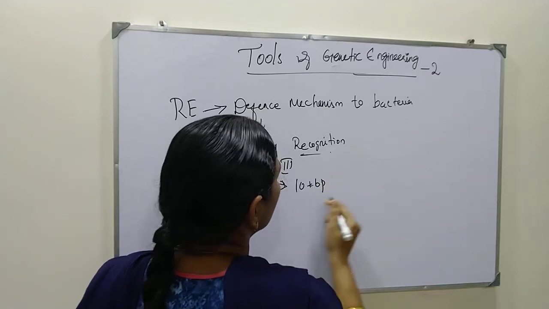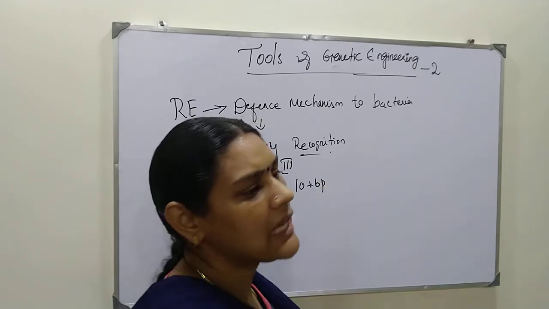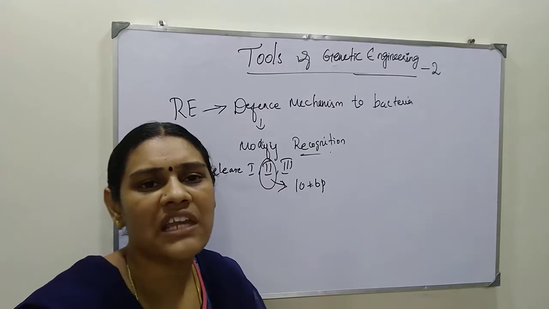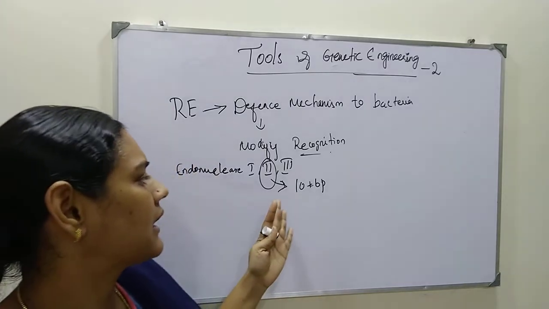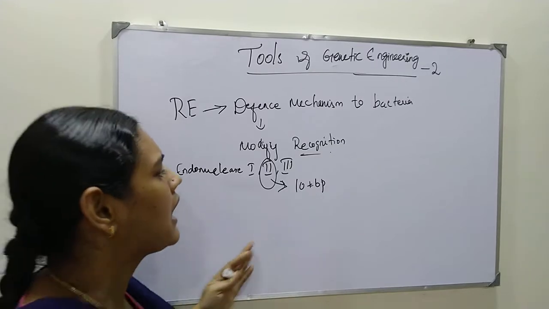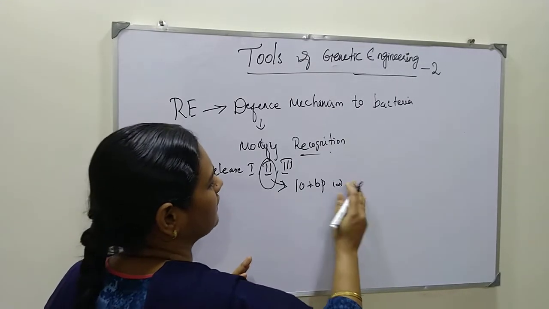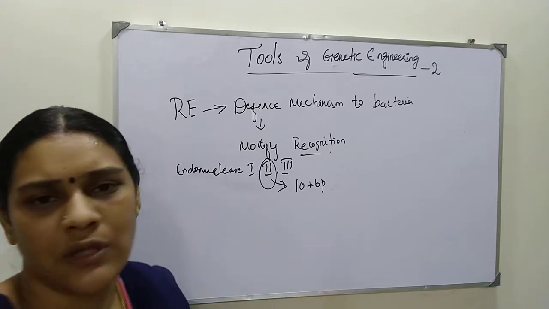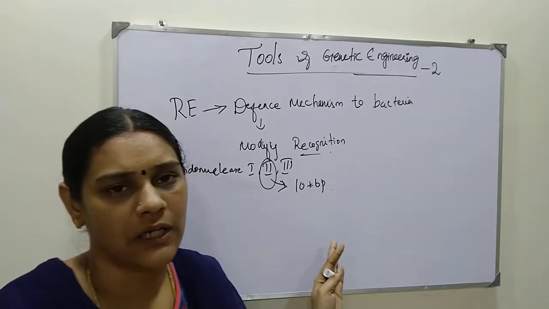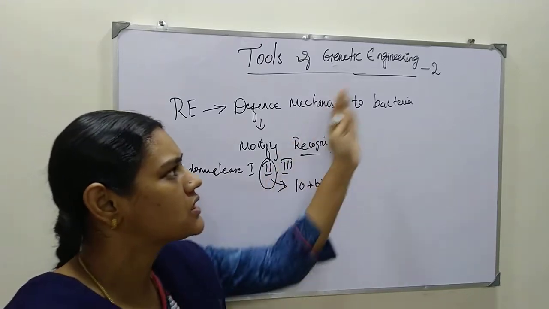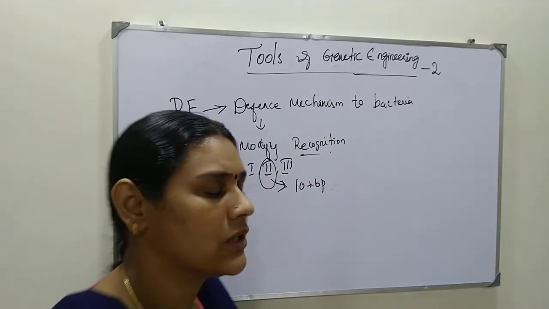Within 10 kilo base pair, it identifies the recognition site, where it has to go and where it has to cut. That's why endonuclease 2 is very important and most widely used in genetic engineering or recombinant DNA technology.